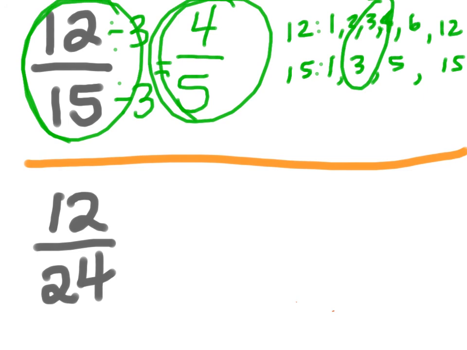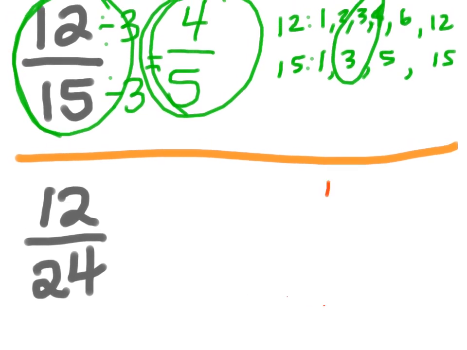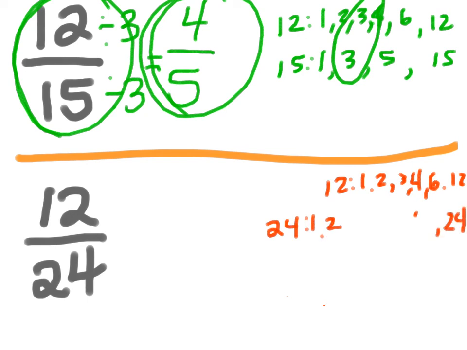Okay, factors of 12: 1, 12, 2, 6, 3, 4. All right, 24: 1 and 24, 2 and 12, 3 and 8, 4 and 6.